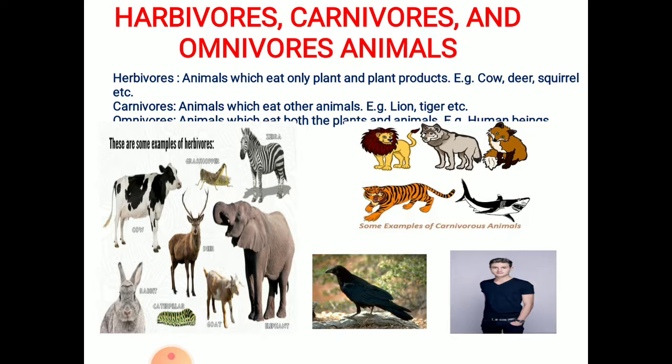Second thing is, food is available everywhere but in a different form, or you can say that there is a variety of food items.